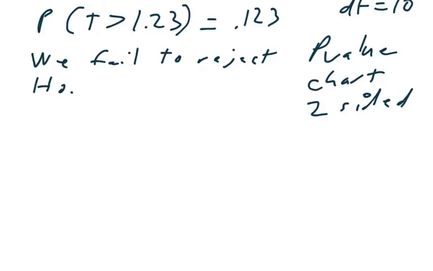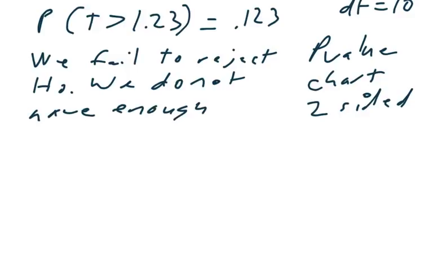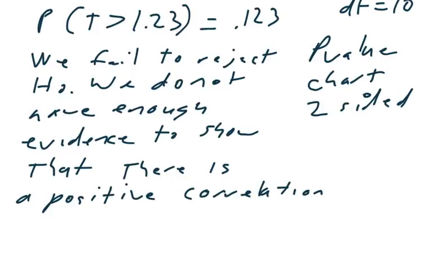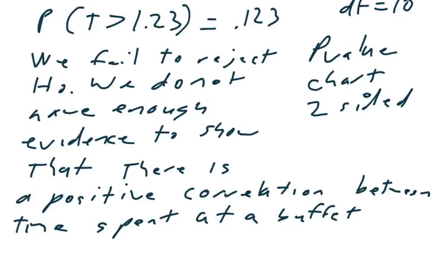Since we fail to reject the null hypothesis, what that means is that we do not have enough evidence to show that there is a positive correlation between time spent at a buffet and the tip received.